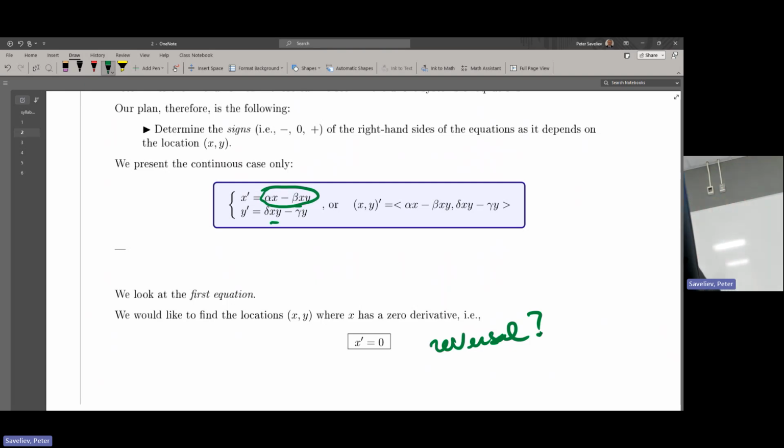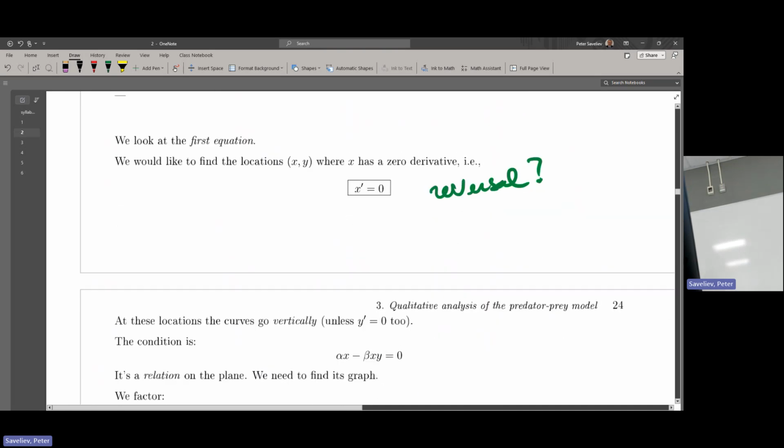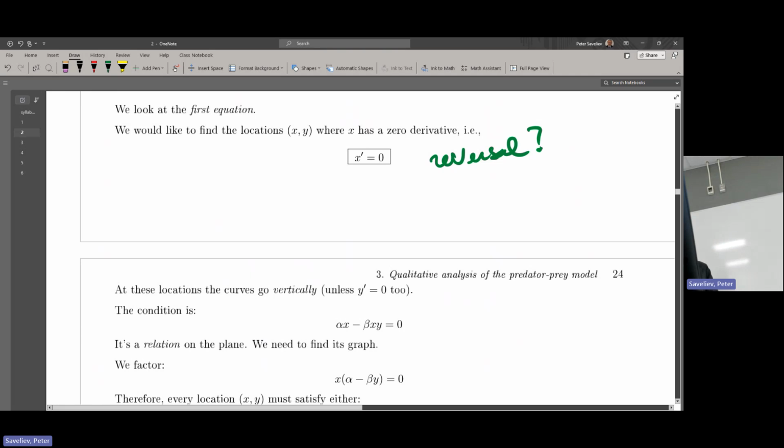So alpha x minus beta xy equal to 0 is where these points lie. It's a very simple relation on the plane, and we need to plot all points x, y where this is true, remembering once again that alpha and beta are positive. It's not complicated. We factor it out: x factors out.